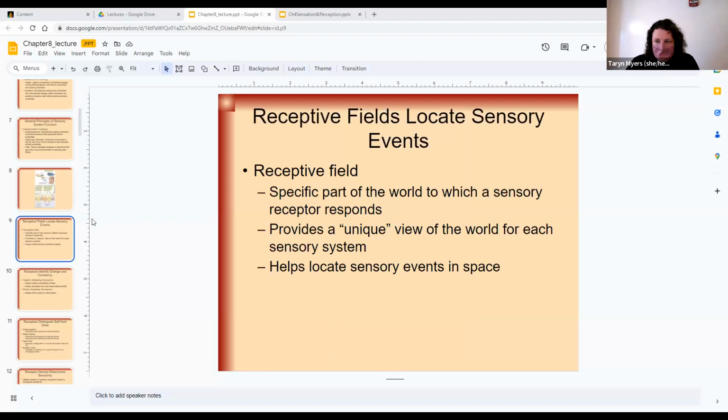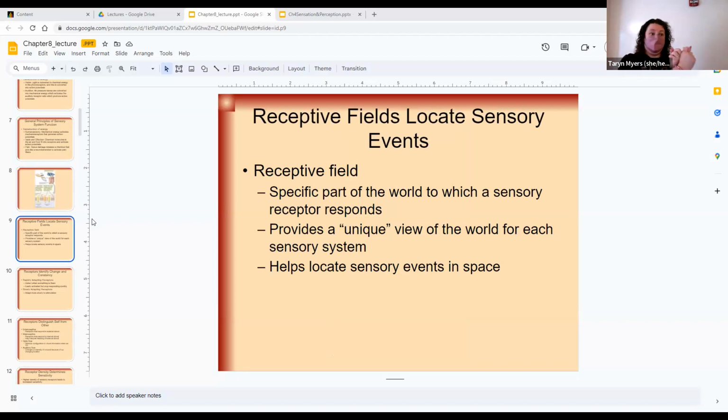And so these are specific to these receptive fields. They provide a unique view of the world for each sensory system and locate those sensory events in space, right? Because if our eyes are able to communicate to our optic nerves, hey, I see a bear, right?